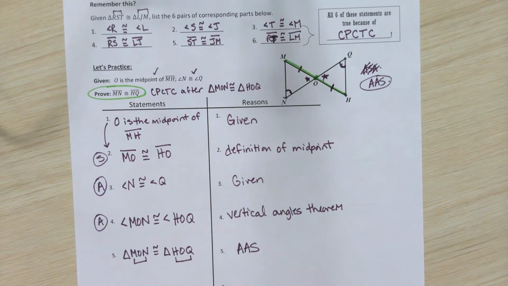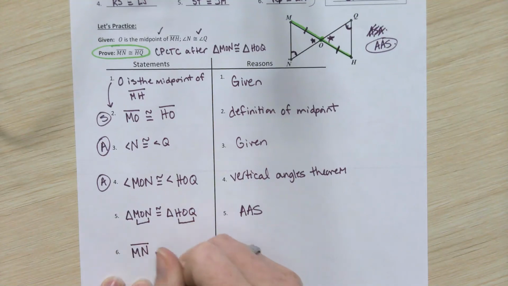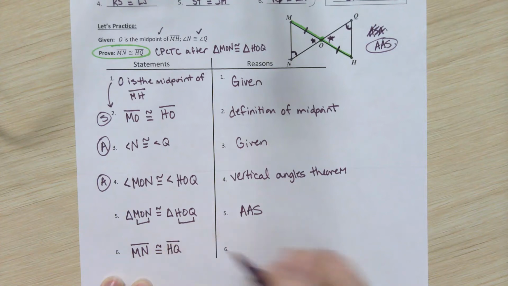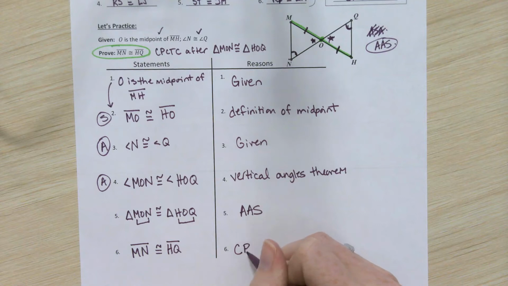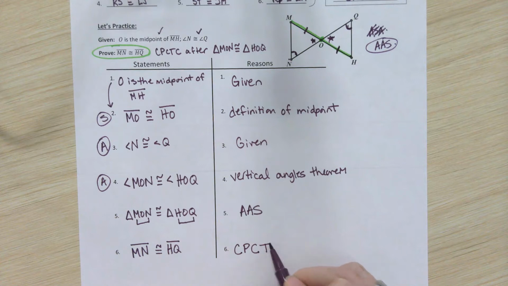It sure does. So that means we're ready to wrap this one up. Segment MN is congruent to segment HQ because corresponding parts, that's what we checked for here, of congruent triangles are congruent. CPCTC, just so that you don't have to write all those words out.